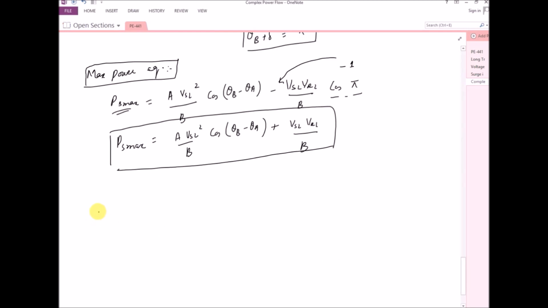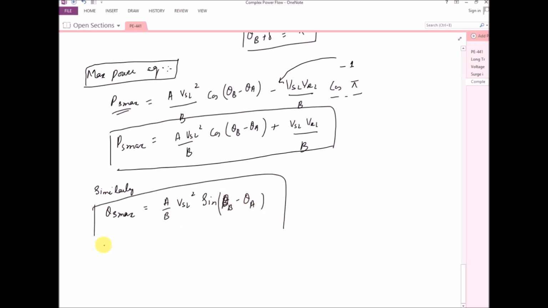Similarly, we can also calculate the value for the maximum reactive power. For QS max, we have the equation A over B VSL square sine theta B minus theta A. So this is your maximum reactive power that can be transferred.